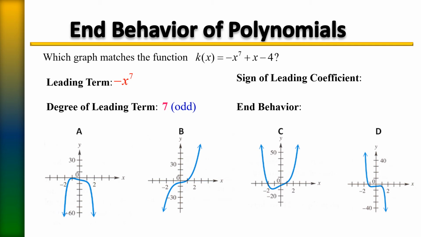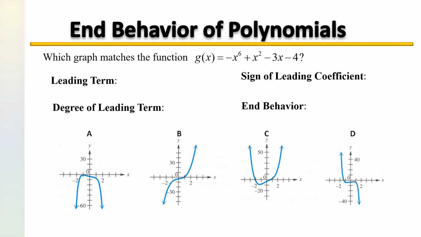And what is the sign of the leading coefficient? Well, as we can see, it is a negative sign, which means this is going to be a graph with an end behavior that from left to right will fall. So therefore, that would match choice D.